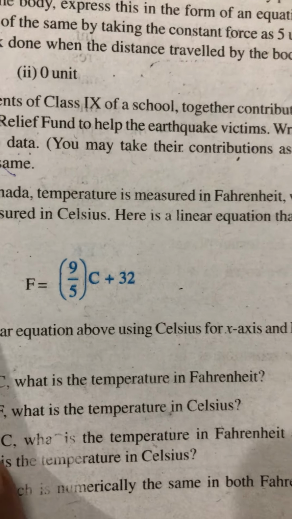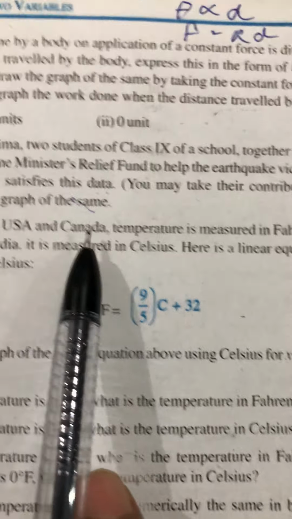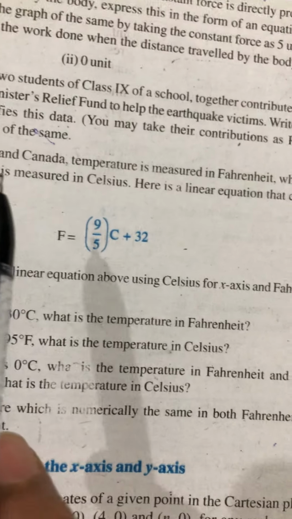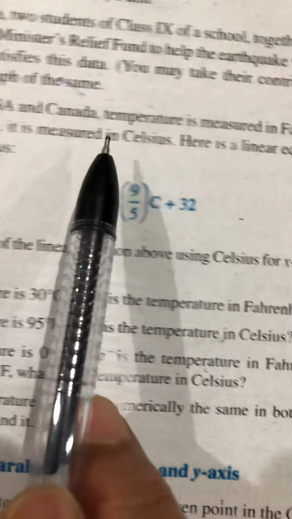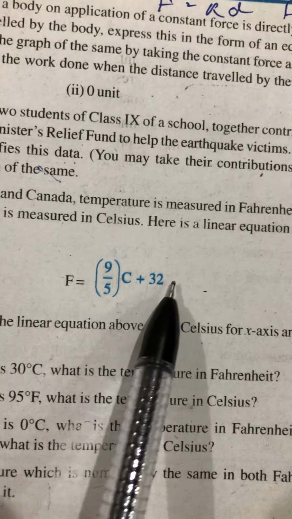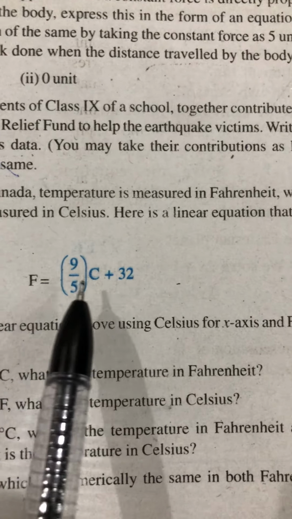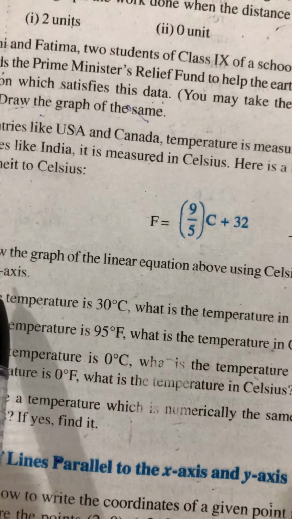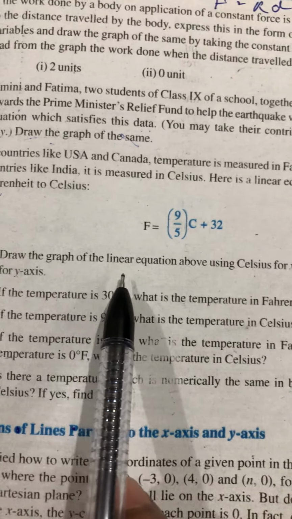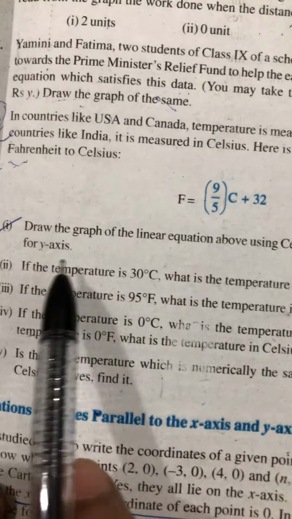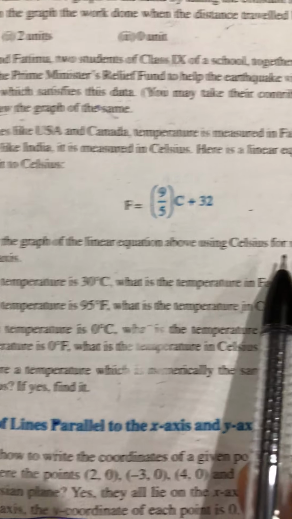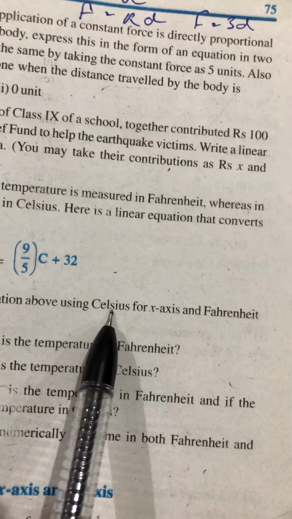Now your first part is to draw the graph of the linear equation above using Celsius for x-axis and Fahrenheit for y-axis. It means x-axis will stand for Celsius and y-axis will stand for Fahrenheit.